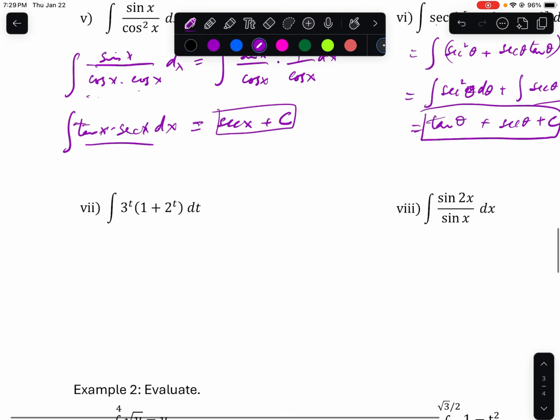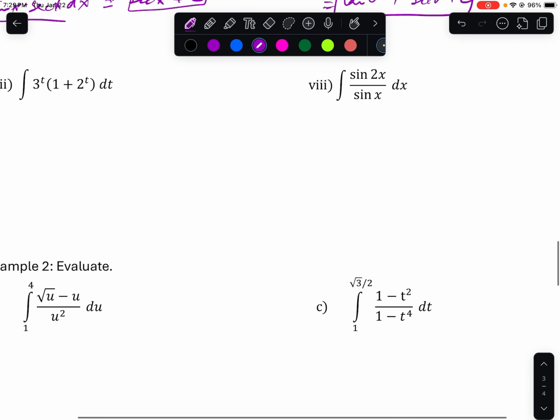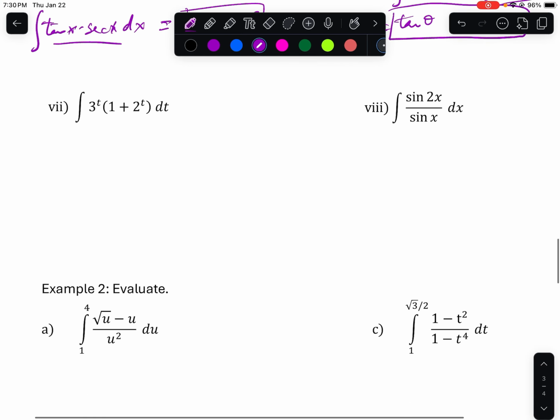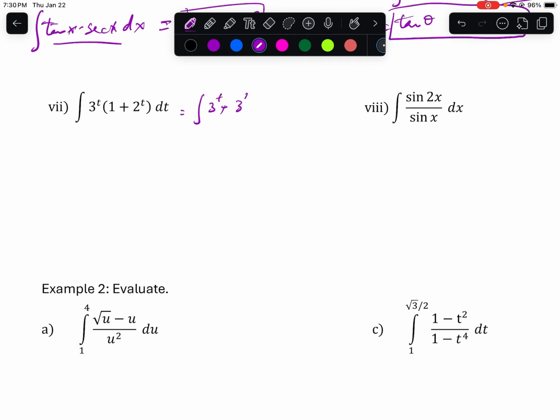Looking at the next example, what do you think? What should we do? Distribute, right? Because we don't know the product rule. So we can write it as integral of 3 to the t plus 3 to the t times 2 to the t, and then we have dt.